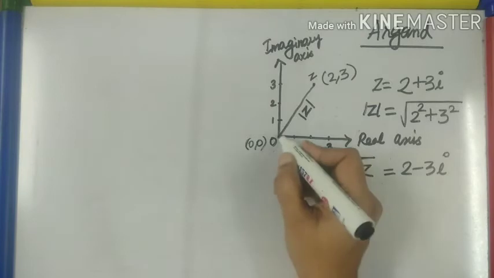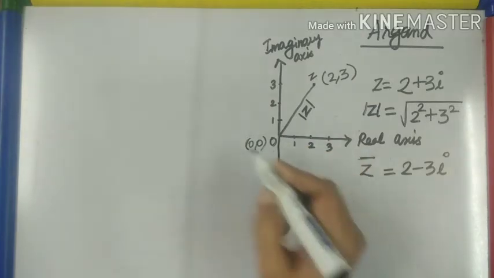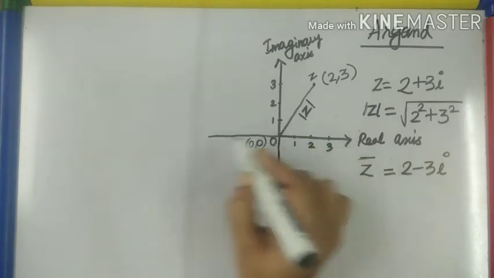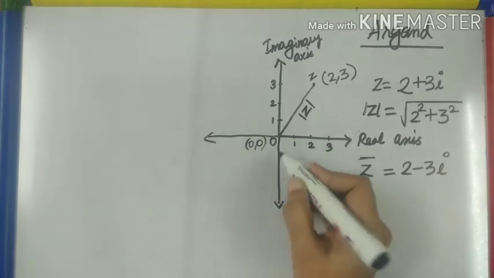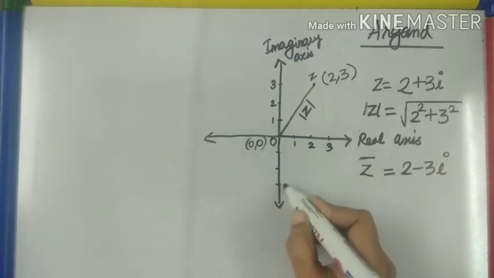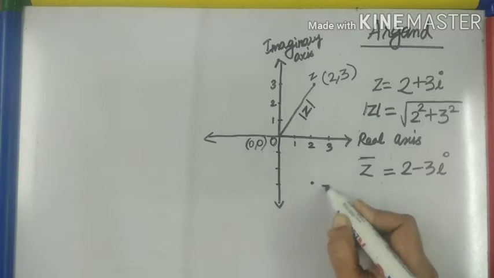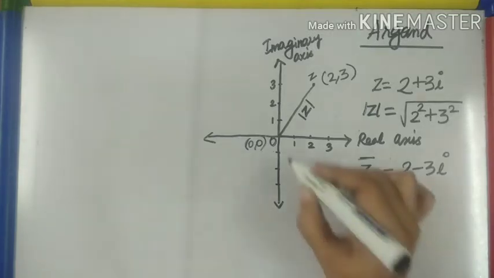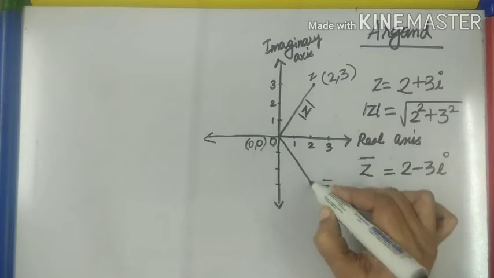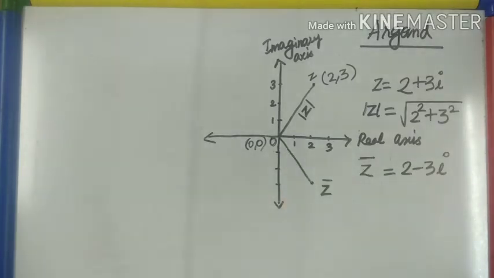So I have two important things associated to a complex number. Can I mark it here? Yes, of course. Mark the negative side of it. This is 2. Minus 3 will be somewhere here. So this is z bar. And if I join, what is this distance?